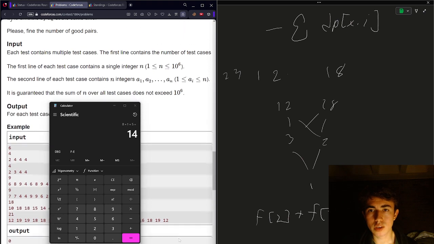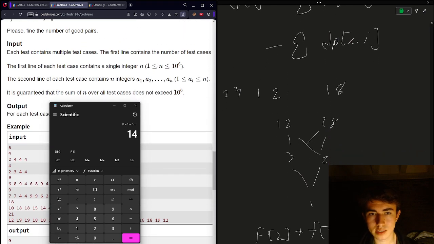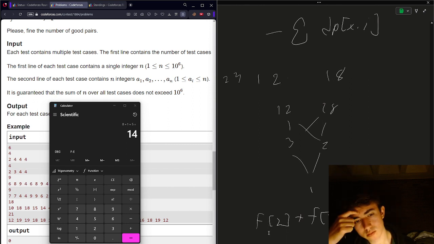Is that true? Do we just... I don't know if that's right either. How do we know how many times it'll be overcounted, right?